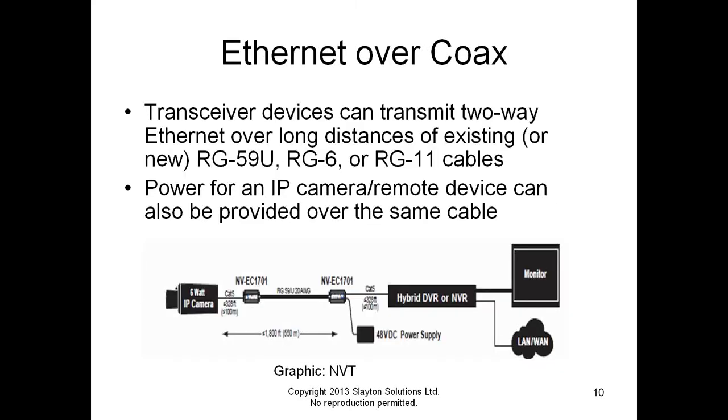Now, once we've got this cabling and connector situation sort of in hand, we need to think about what the possibilities are. What can we do if we have existing coax cables? We see as illustrated here, and these graphics, by the way, are provided by NVT, but there are products manufactured by a number of vendors, such as ComNet, Veracity, AFT, and Ultronics.